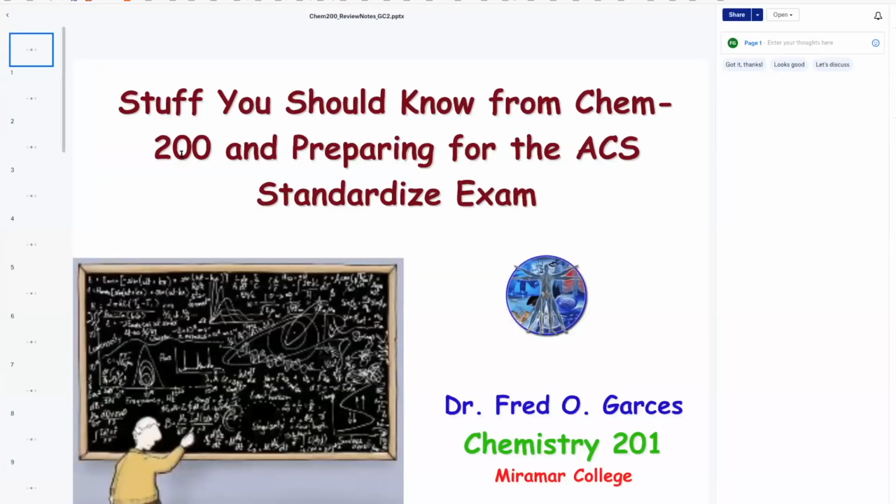This will also be available in the lecture notes, stuff you should know for general chemistry, and it's to help you prepare for the ACS, which means the American Chemical Society. If we are a program that's accredited by the American Chemical Society, we have the standards that are set across the nation in terms of what chemistry you need to learn at this level.